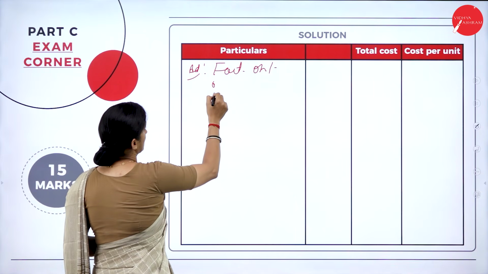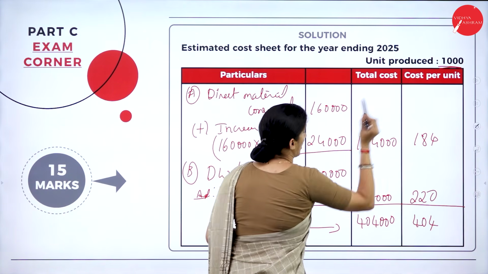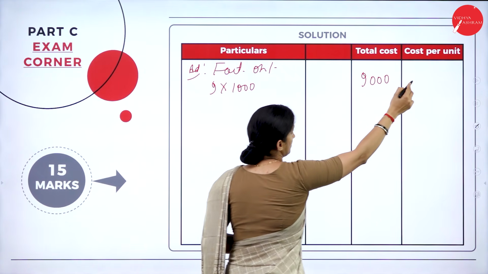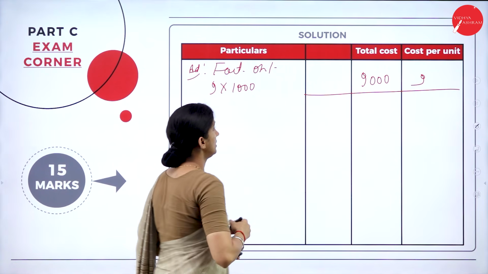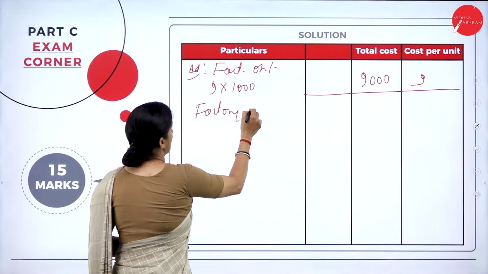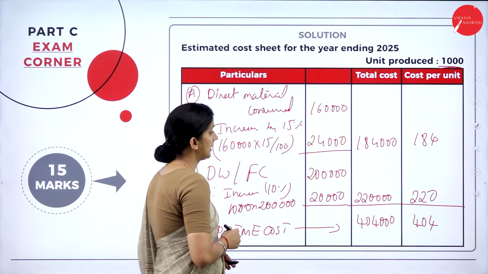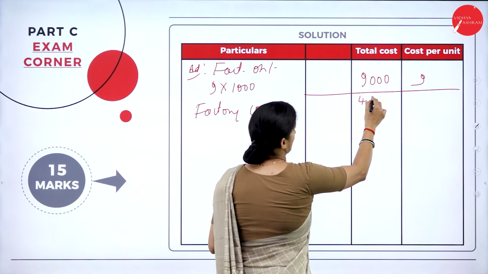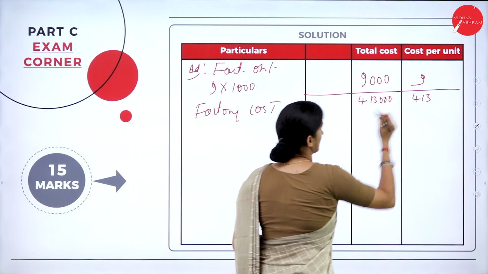So your per unit is 9 into number of units produced, here 1000. So your factory overhead will be 9,000, per unit it is 9. This will be added to the prime cost. So your factory cost, 4,04,000 plus 9,000, is 4,13,000. Per unit will be 413.